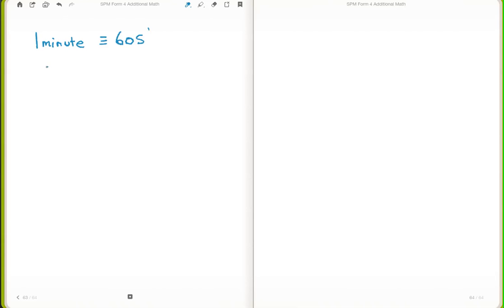So therefore, if you were to have 28 degree 2 minute, then simply you are able to convert it to angle, that is 28 plus 2 over 60, because every 60 seconds equals to 1 minute.